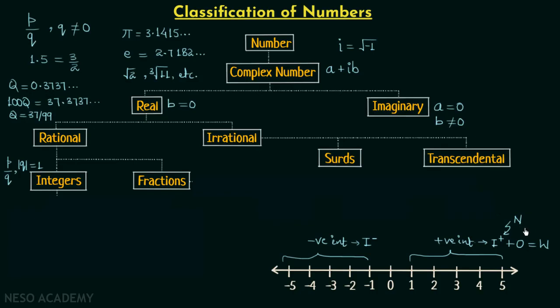Let's summarize what we discussed about integers quickly. Integers are equal to negative integers with 0 with positive integers or natural numbers, and 0 along with positive integers or natural numbers forms whole numbers.